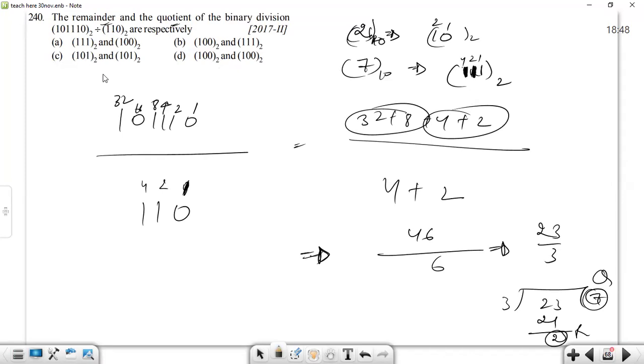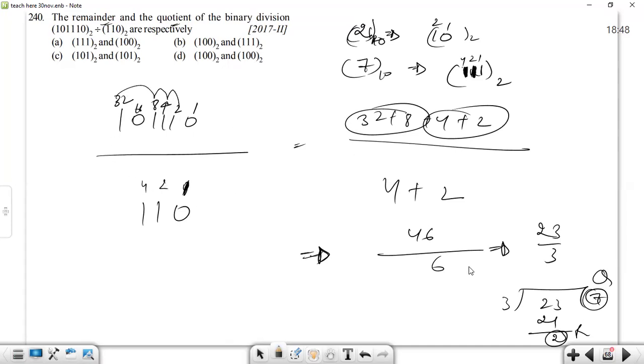Okay, let's recheck whether we have made any mistake or not. 1, 0, 3 ones and 0. 2 ones and 0. So 1, 2, 4, 8, 16, 32. So 32 plus 8 plus 4 plus 2. 32 plus 8 becomes 40, 44, 46. Correct.